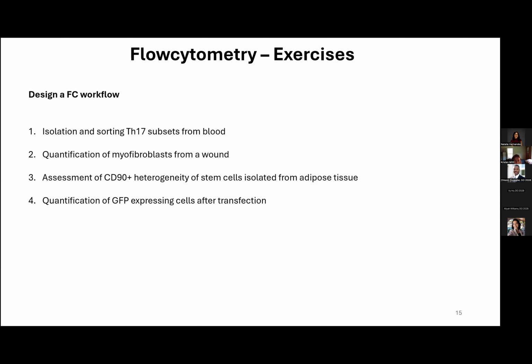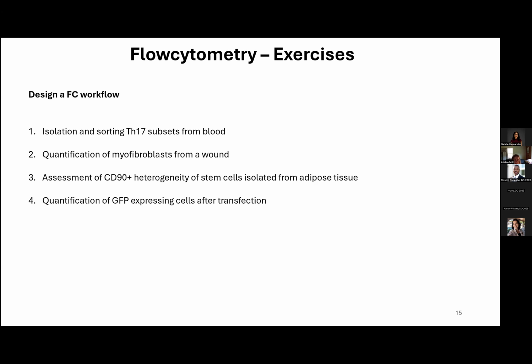For example, if I have 100,000 cells and my transfection efficiency is 90 percent, just load those 100,000 cells, and you will get 90,000 cells positive for GFP and 10,000 non-GFP or non-fluorescent cells. That's a very simple experiment. If you have any experiments like this, simply take the cell suspension and run it as such.